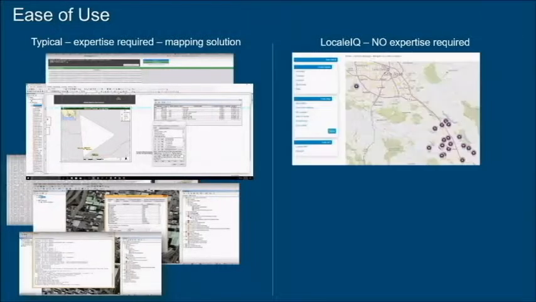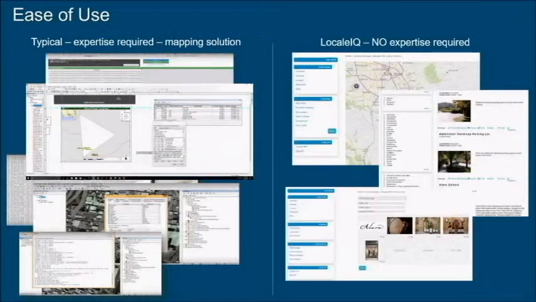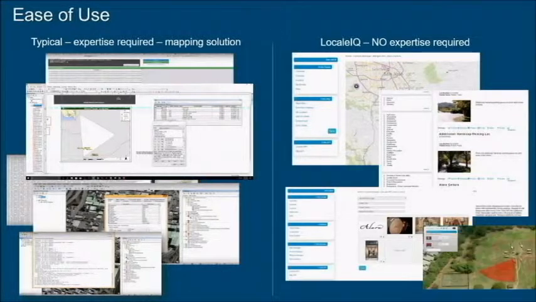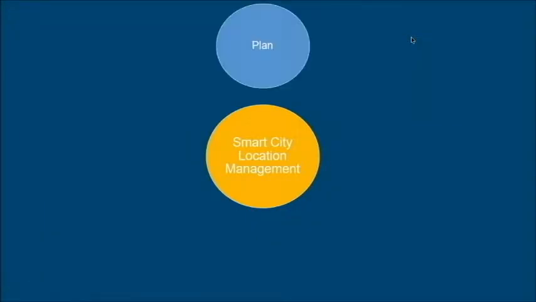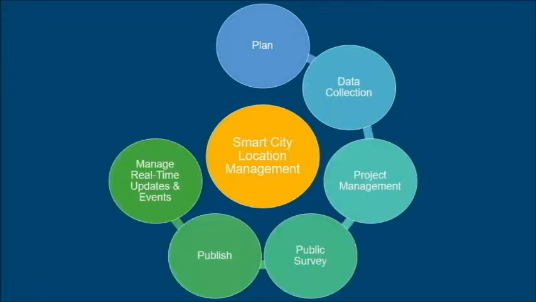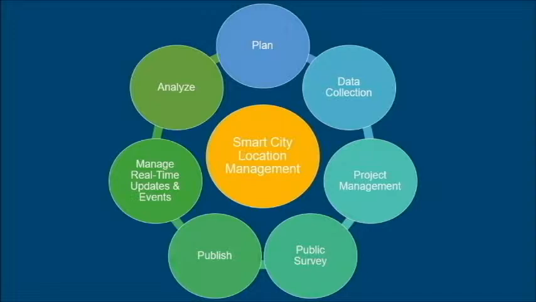LocaleIQ, on the other hand, is specifically built for any staff member to create and manage maps and detailed location information, and to publish this information in real time, which was what they needed for truly dynamic and ever-changing information. Everything they wanted turned out to apply equally to smart city management, from planning to development, maintenance, and civic engagement.